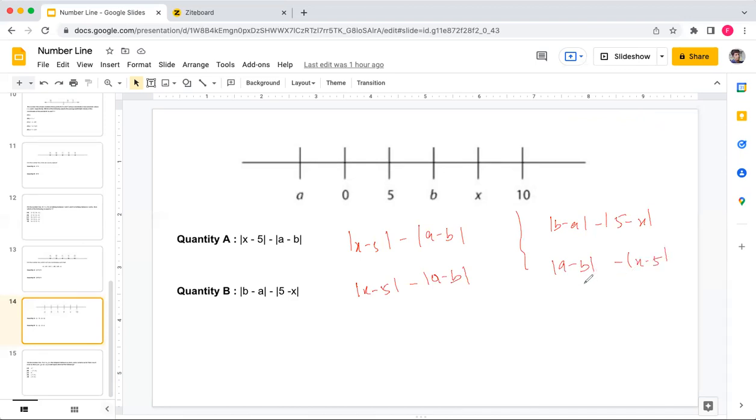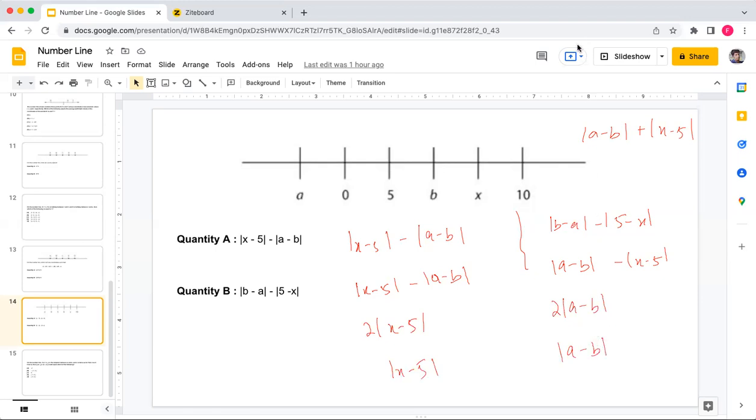If I add |A minus B| plus |X minus 5| on both sides, the first quantity will become 2 into |X minus 5|, and the second quantity will become 2 into |A minus B|. Just divide by 2 on both sides. This will become |X minus 5|, and this will become |A minus B|, right?